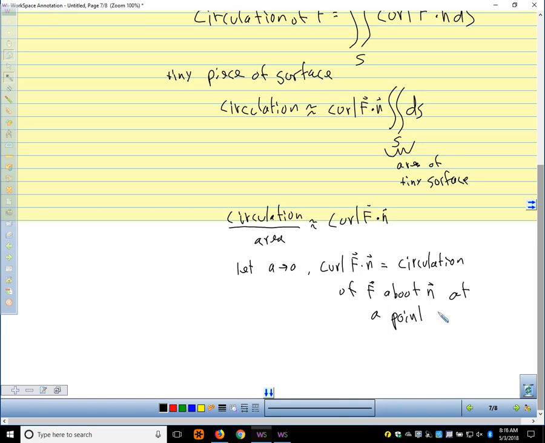So if you think of a unit normal vector at a point, the normal component of the curl tells you the tendency of the field to circulate, to rotate around that point. So if you're thinking of the field F being a velocity field for a liquid, if you put a little paddle at a point, the normal component of the curl would tell you the tendency of that paddle to turn around that point.